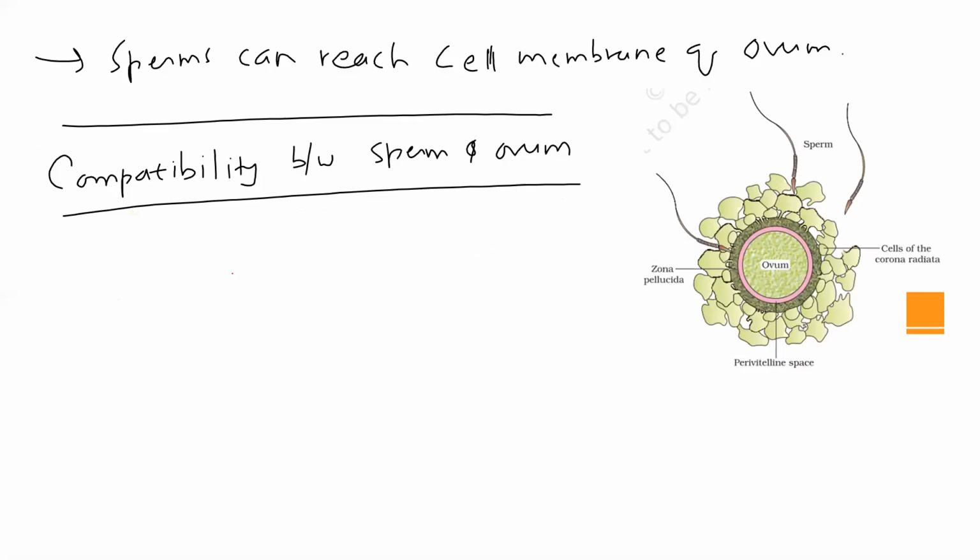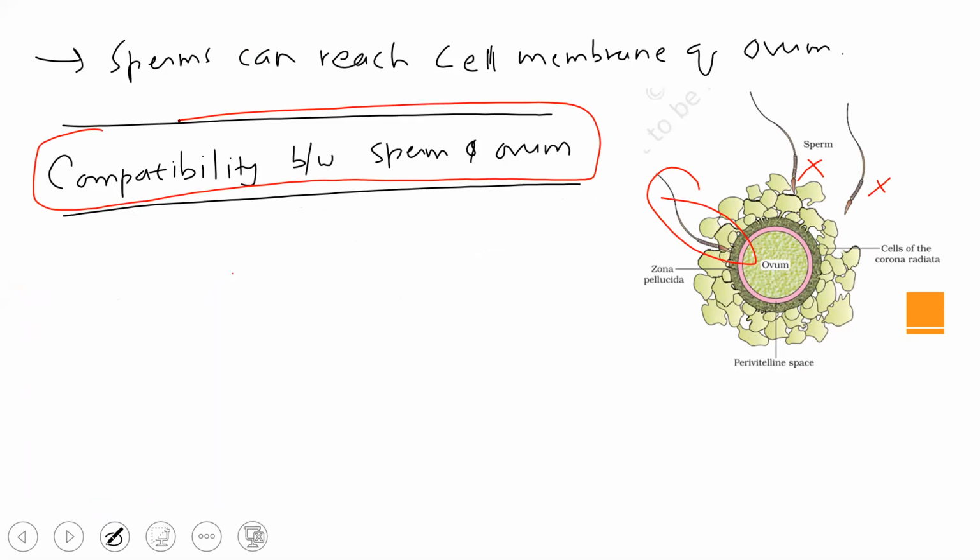Only one of the sperms can enter or reach over here. This one will not be able to enter. So this depends on the compatibility between sperm and ovum.